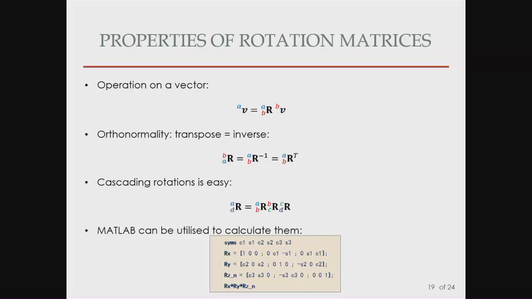So maybe to clarify, if you have R from B to A, and you have a vector in B to give you a vector in A, and you want the opposite action to go from A to B and get the vector here in B, how do you get it if you have this one?